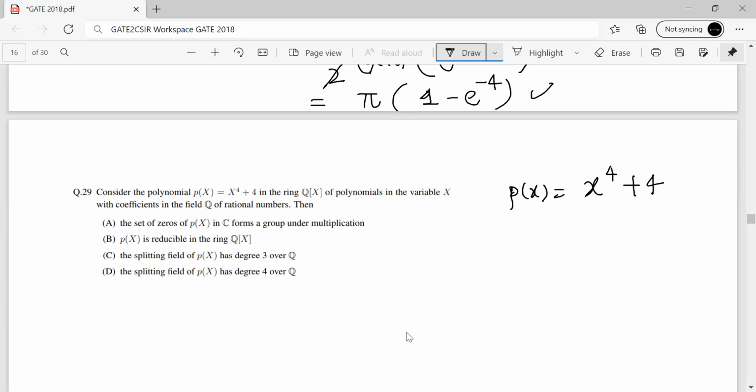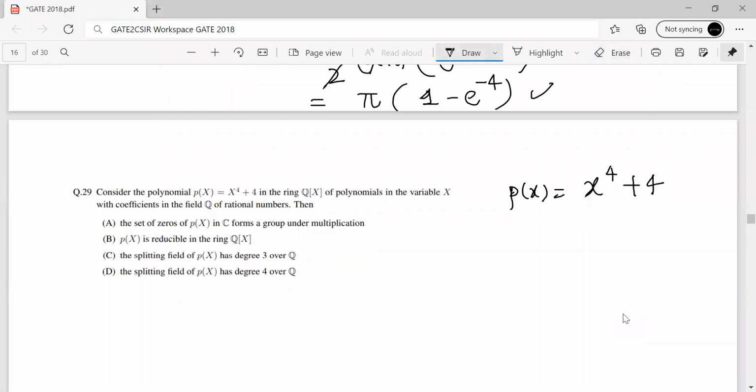Since I am in Q, instead of x power 4 plus 4, can I adjust them into a square form? This will be wrong, just a moment.